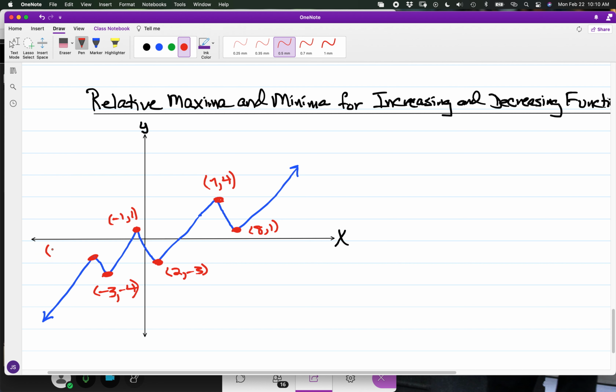Now just for what I have regarding relative maximum and minimum.